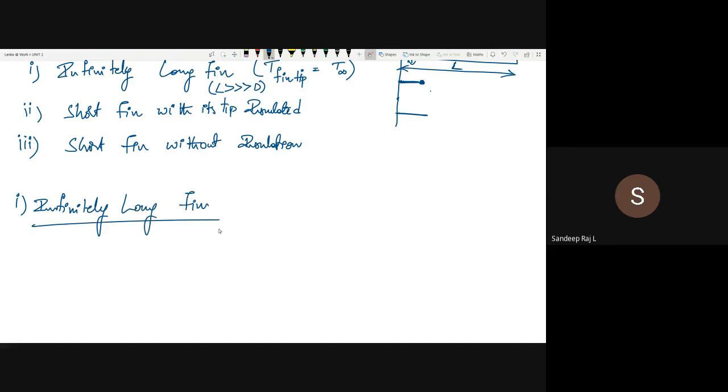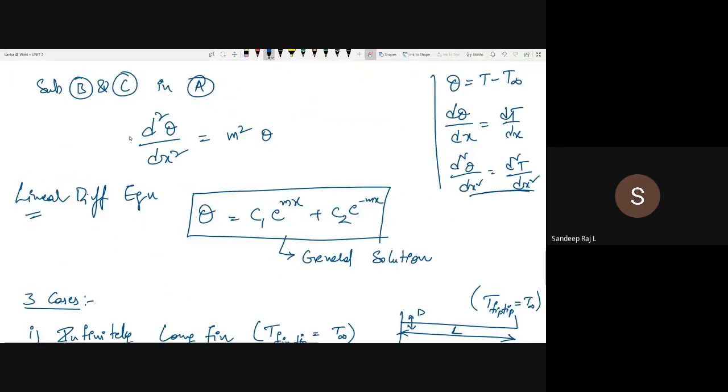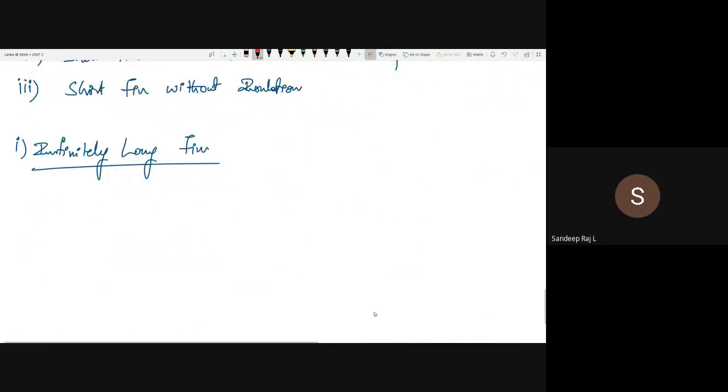If this is an infinitely long fin case, this is the governing equation and this is the general solution. For this governing equation and the given general solution, if I have an infinitely long fin, I will have a given set of boundary conditions. That given set of boundary conditions I have to apply here.